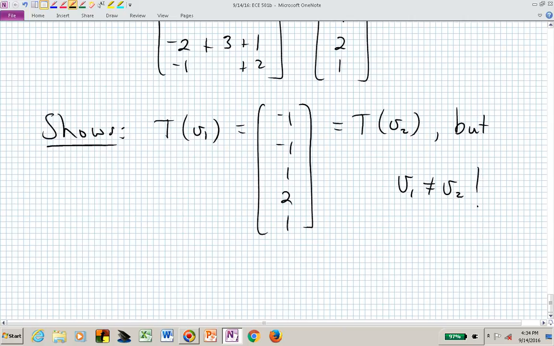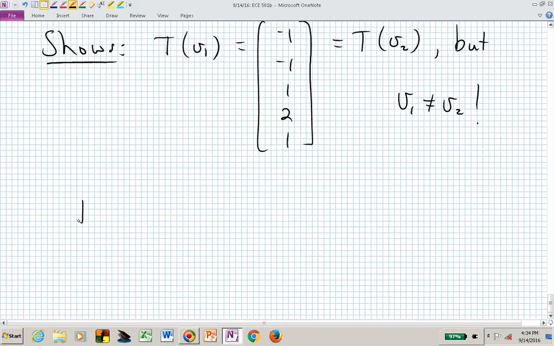If it was injective, we would want V1 not equal to V2, which is what we have here, to go to separate or unique output vectors in our output space, and they do not. So T is not injective.